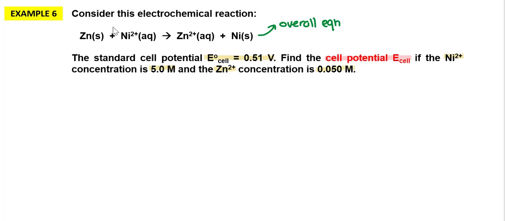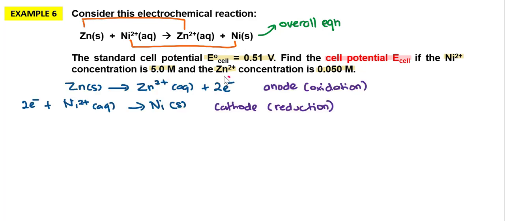So what we need to do is take out the half cell equations because we are going to find the number of electrons involved, which is the electron that we equalize in this reaction, which is 2. So our n is equal to 2.